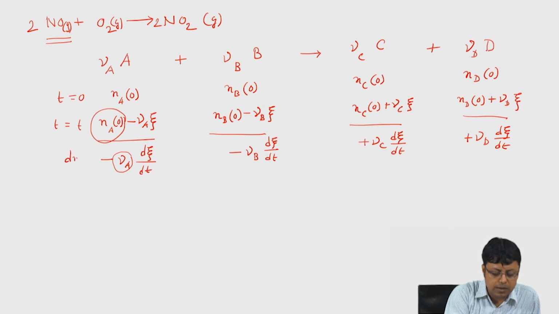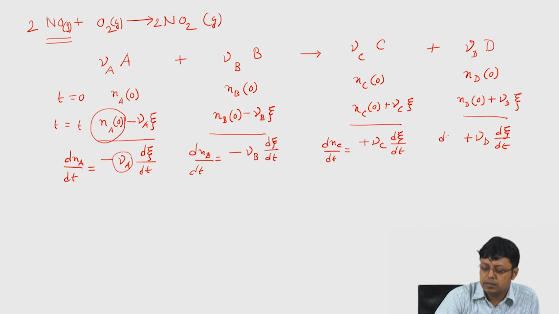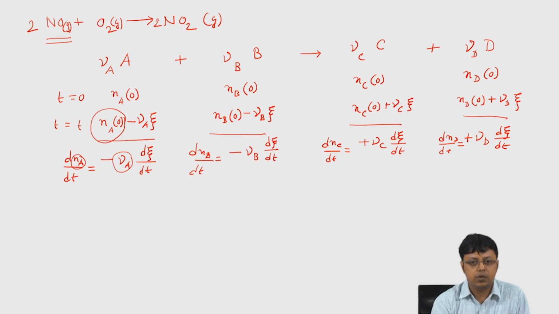This is nothing but the rate of change of species A, this is the rate of change of species B, this is the rate of change of species C, and this is also the rate of change of species D. Now, you see here that instead of writing it as N A, the more relevant quantity to consider is concentration.